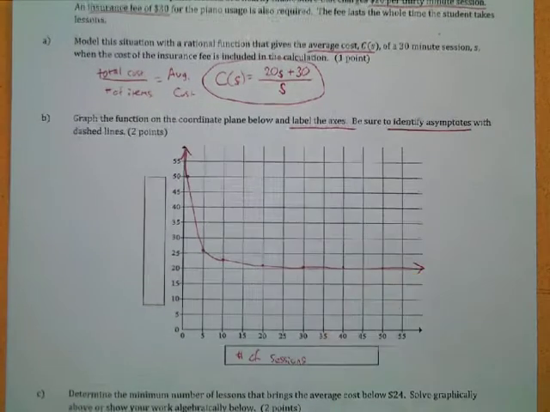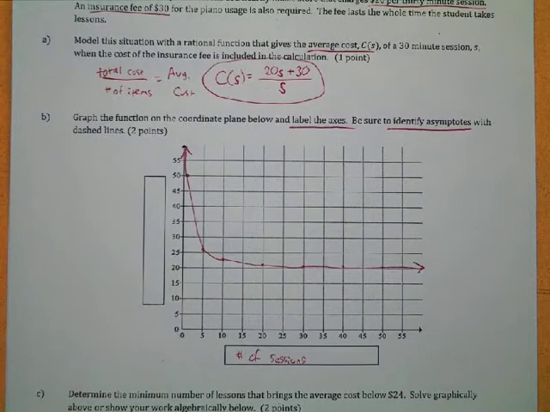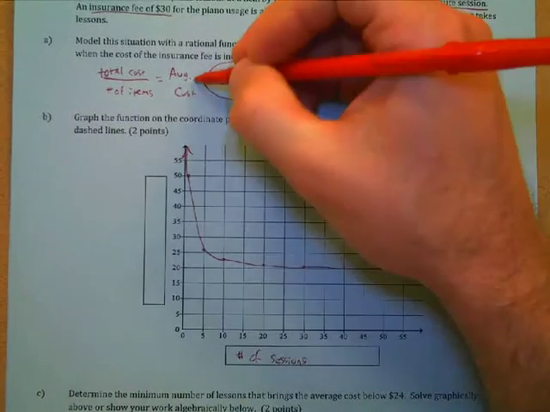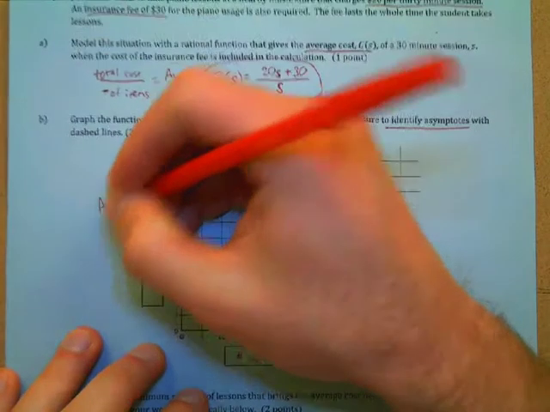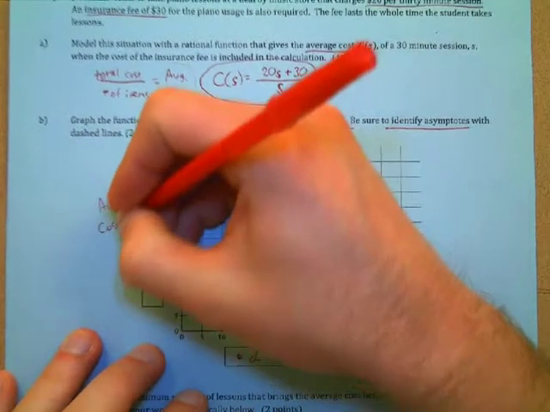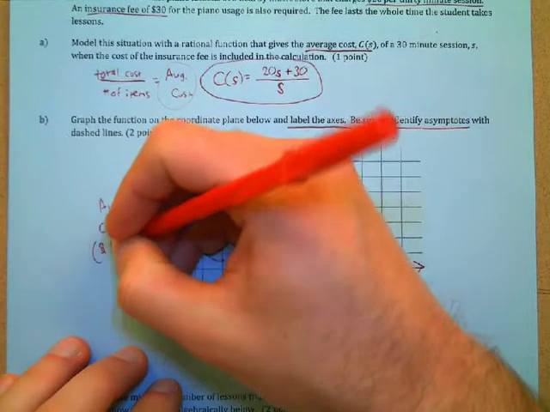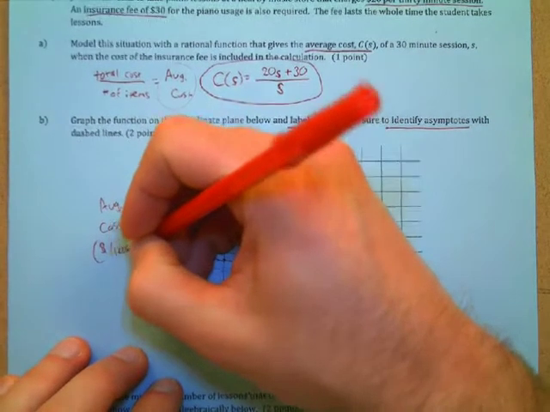Okay? And then what does our y-axis represent? The cost. But remember, it's not just cost, it's the what cost? This function is for the average cost. So this is the average cost, which is going to be then dollars per lesson or session, you could say.